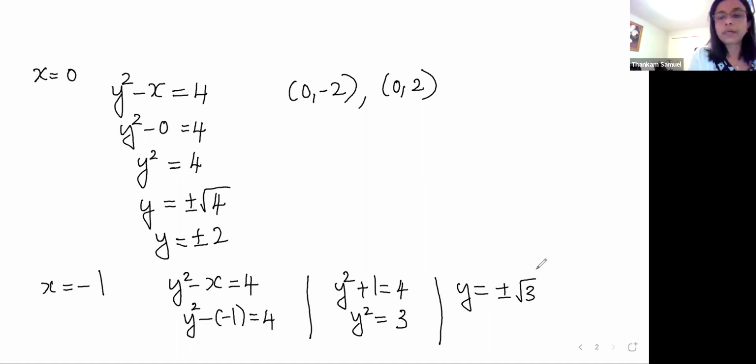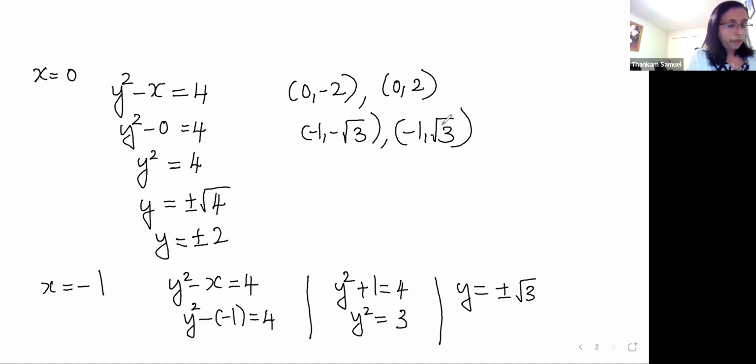The corresponding ordered pairs are (-1, negative square root of 3) and (-1, square root of 3). So we got 4 solutions.